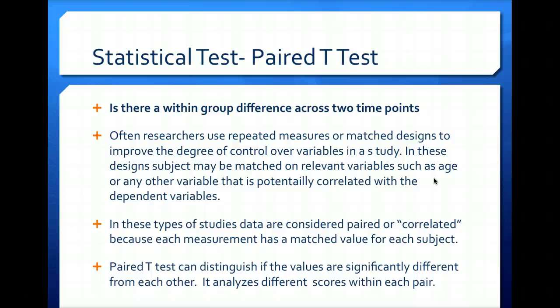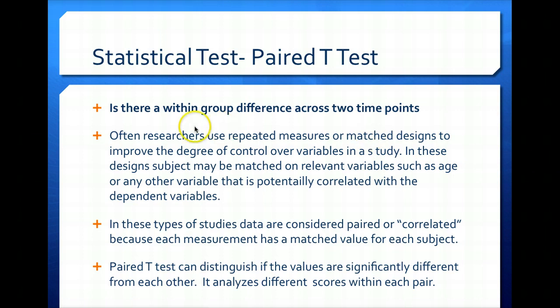Okay. In these types of studies, data are considered paired or correlated because each measurement has a matched value for each subject. So the paired t-test can distinguish if the values are significantly different from each other. It essentially analyzes different scores within each pair.